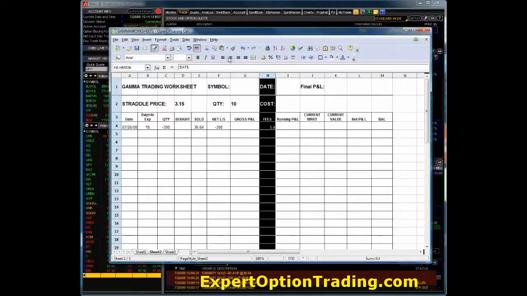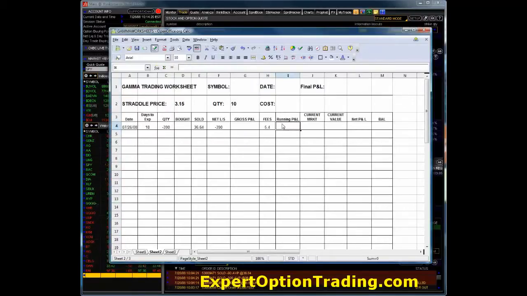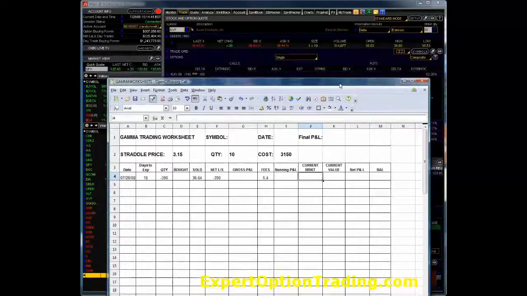And then what we do is we'll keep a running P&L. The actual cost of these was $3,150 for the straddle. And now what we want to do is keep the current market value, the current market on the straddle.